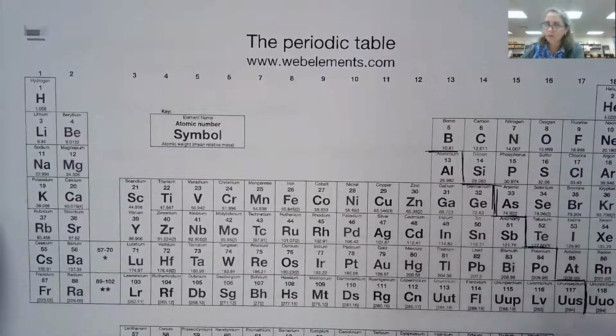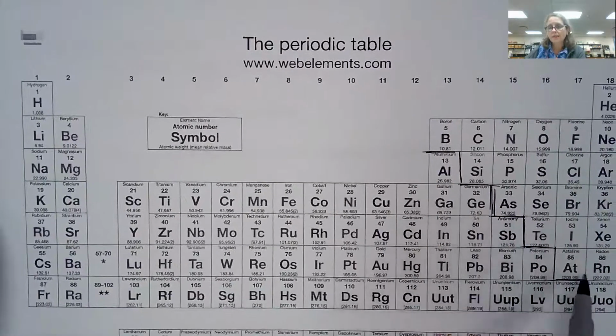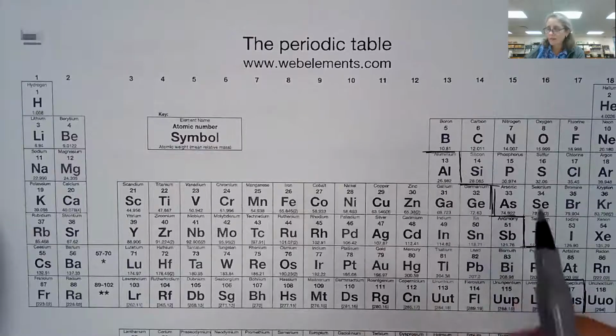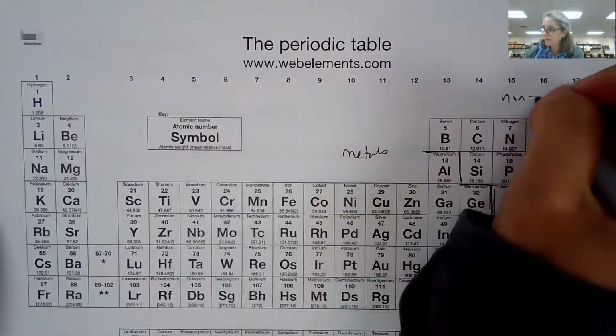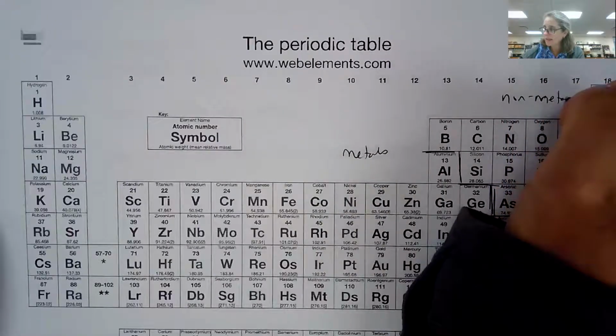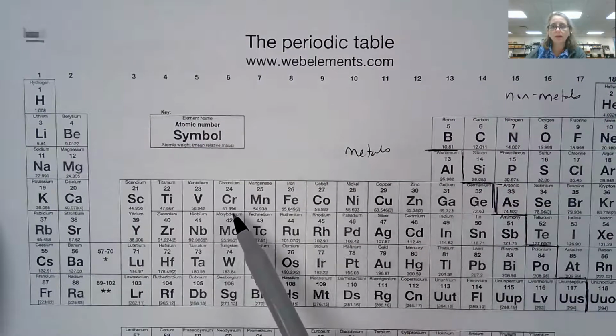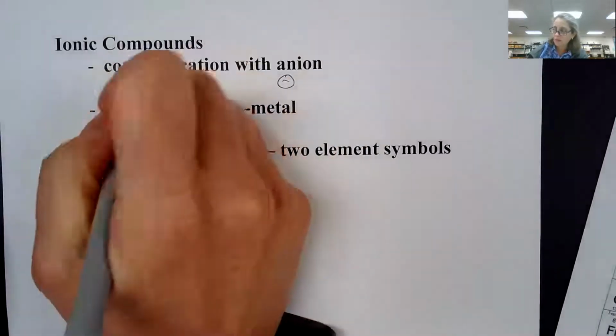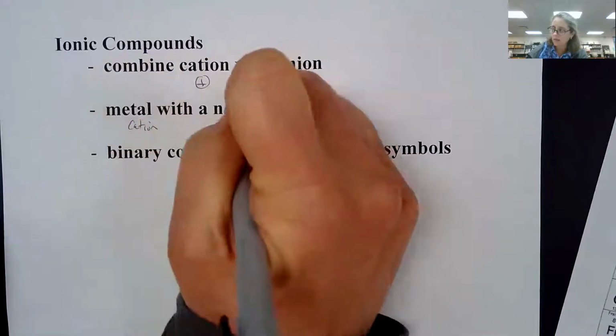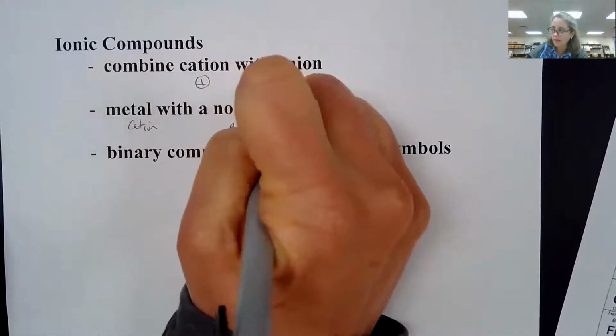The left-hand side are the metals, the right-hand side are the non-metals. So with ionic compounds you are always combining something from the left-hand side of the periodic table with something from the right. So metals are going to be your cations and non-metals are going to be your anions.